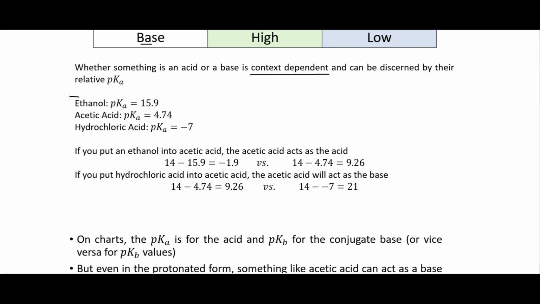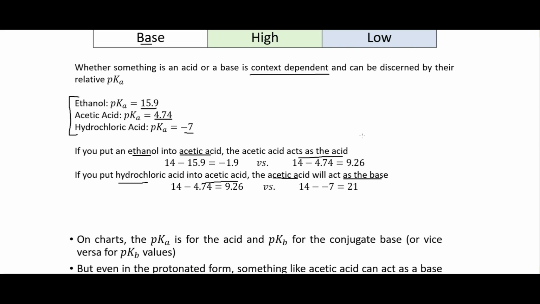So for instance, we have three things here. We have ethanol with a pKa of 15.9, acetic acid, which is at 4.74, and hydrochloric acid, which is at -7. If you put ethanol into acetic acid, the acetic acid acts as the acid. But if you put hydrochloric acid into acetic acid, then the acetic acid will act as the base, because the hydrochloric acid is so much stronger than the acetic acid.